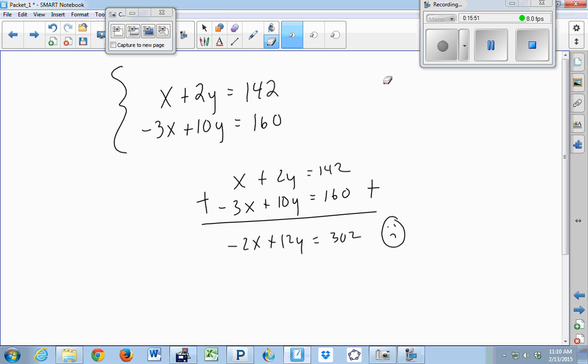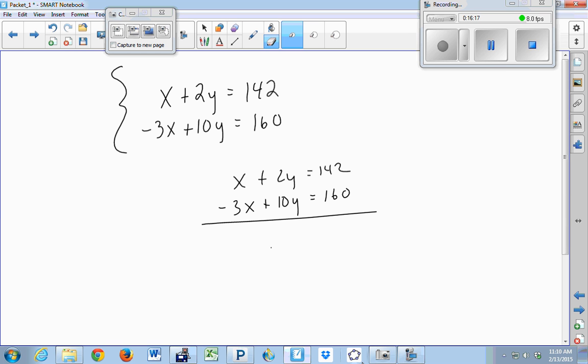So I'm back to the drawing board here. I still want to use this idea of adding both sides, but what I have to think about is, can I make the coefficient, which is the number multiplying either x or y, the opposite of the coefficient in the equation below it? So when I add them, they'll cancel, they'll become zero because they're opposites.